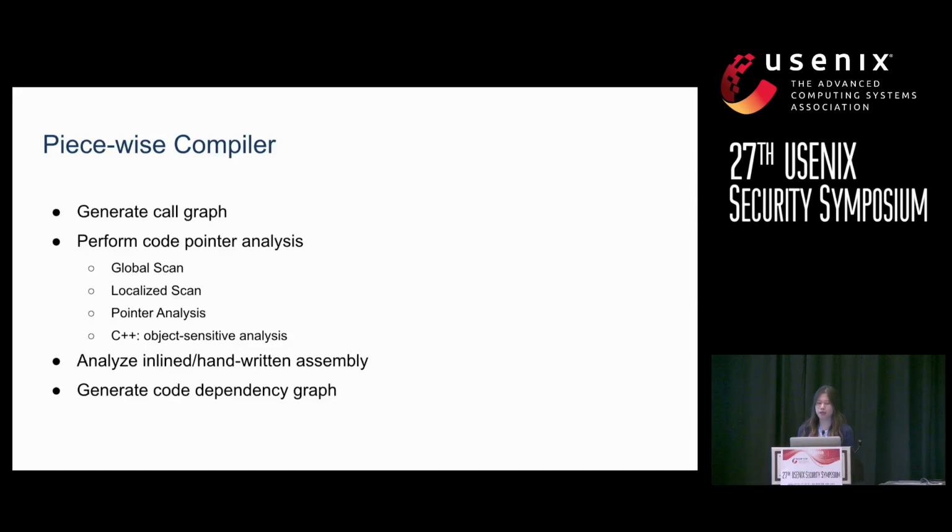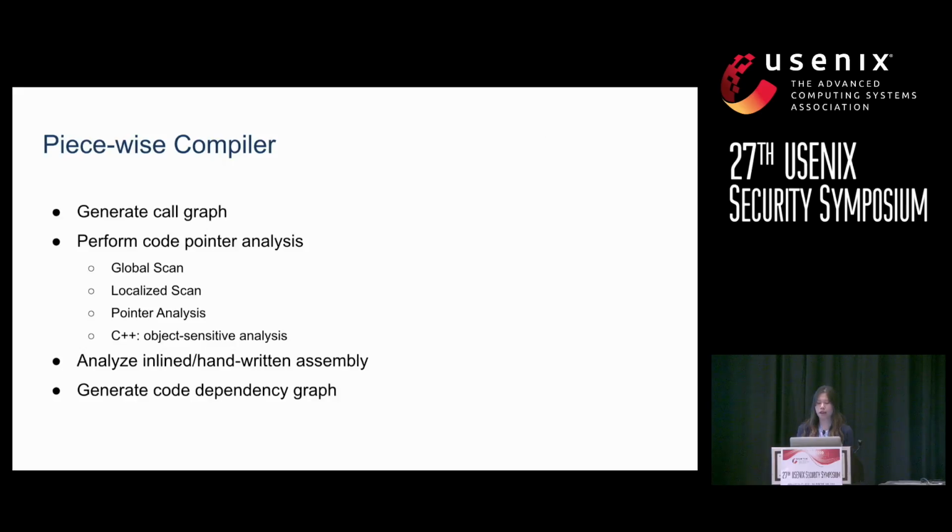We implemented several techniques for this stage. We have globalized code pointer scan, localized code pointer scan, and pointer analysis for C programs. For C++ programs, we use an additional technique, object-sensitive analysis.